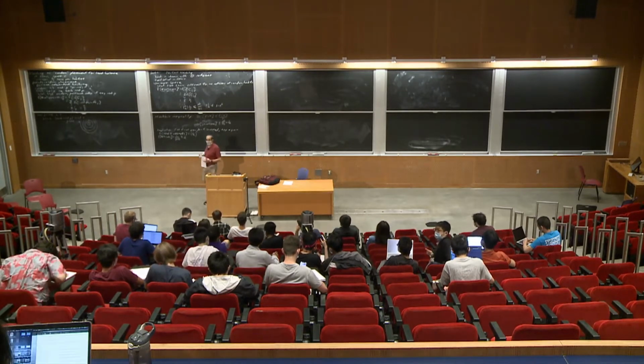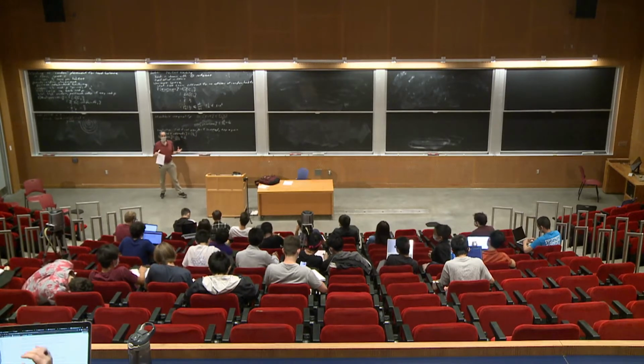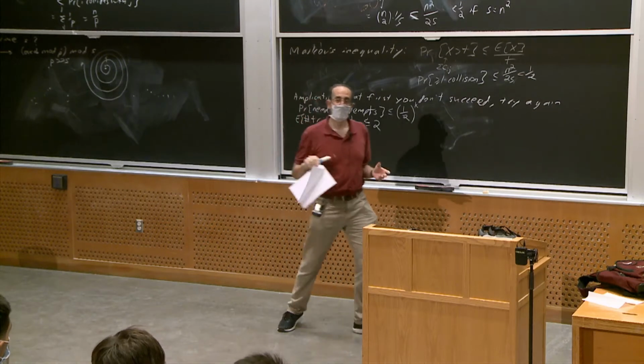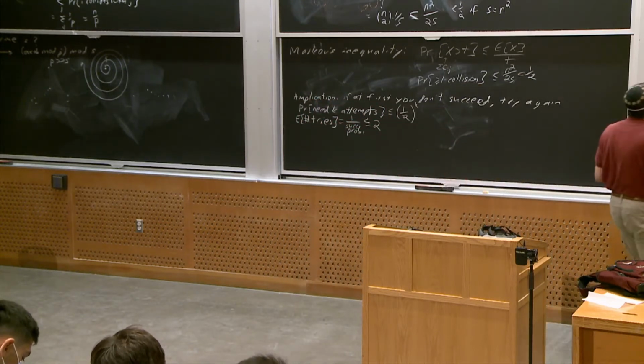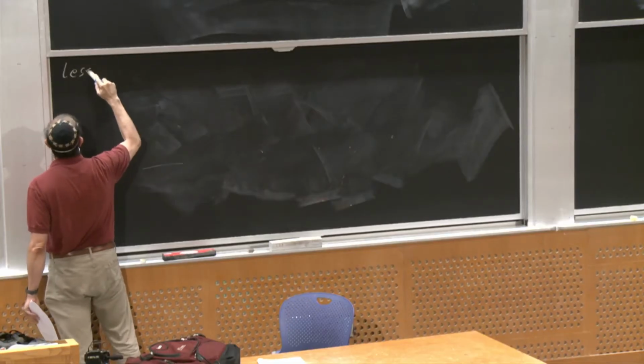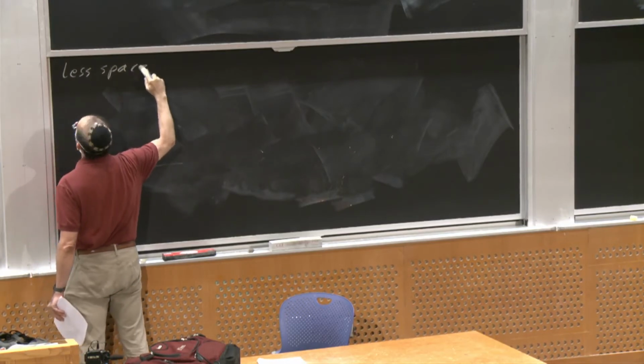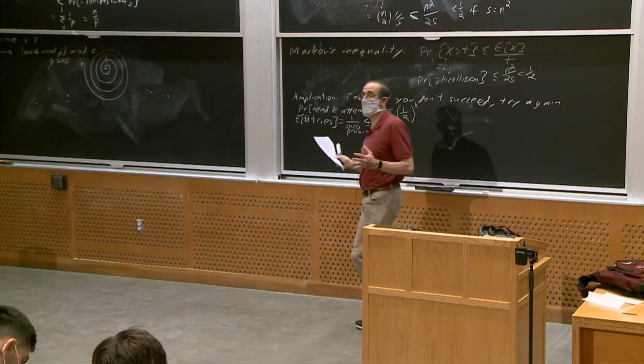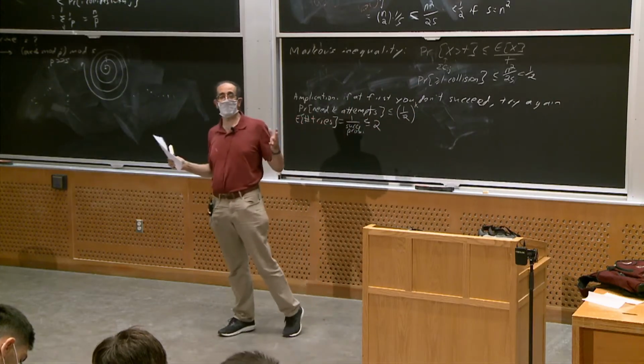Okay, so we can get a perfect hash function if we're willing to use a lot of space. Could we get by with less space? What if we tried hashing to smaller? Is it possible that with a smaller space, we have still a decent chance of getting no collisions?